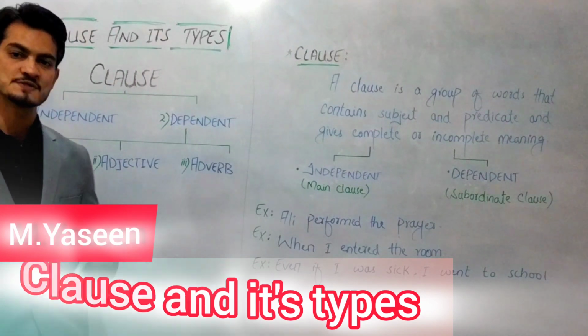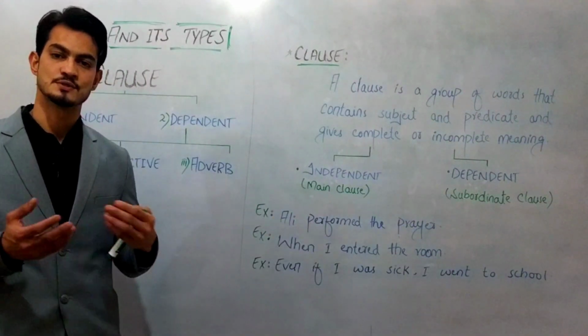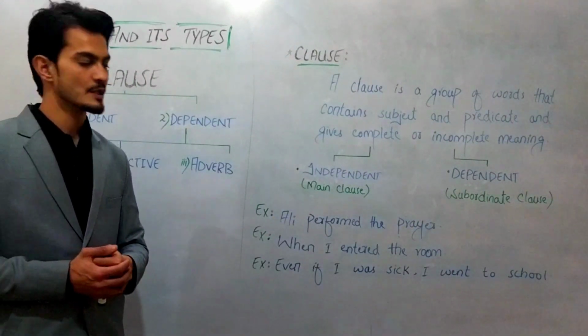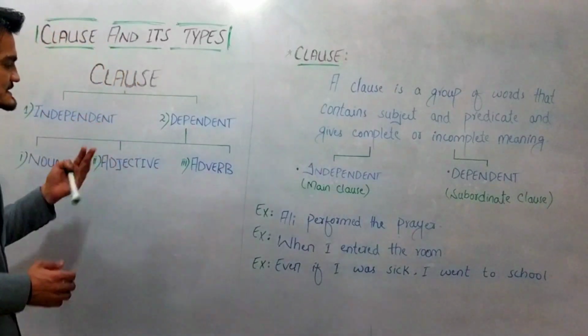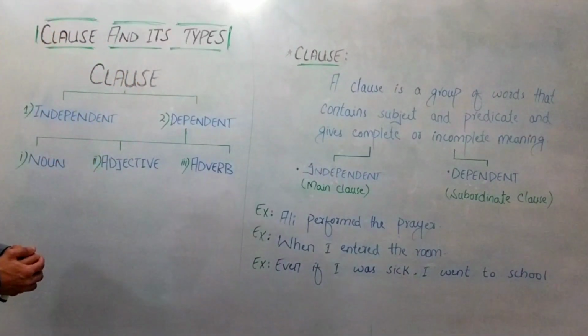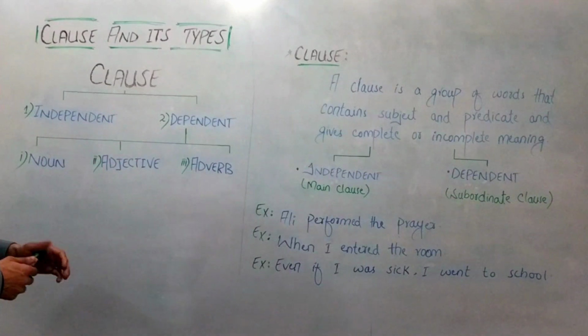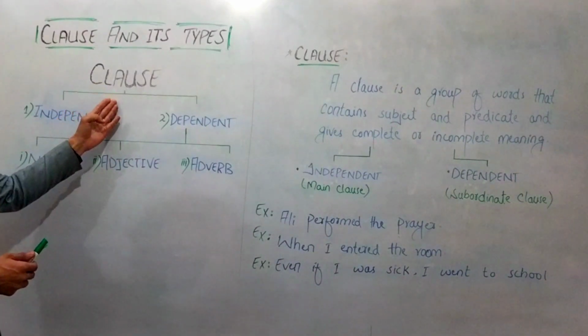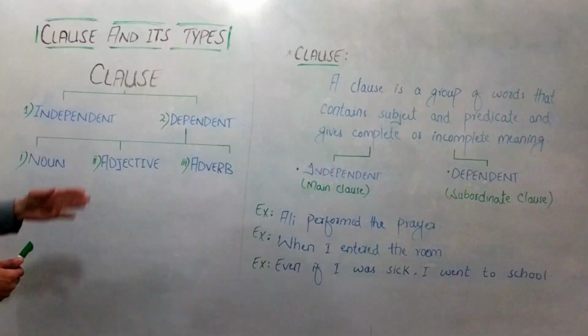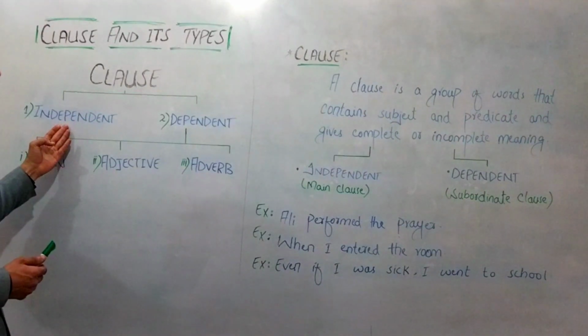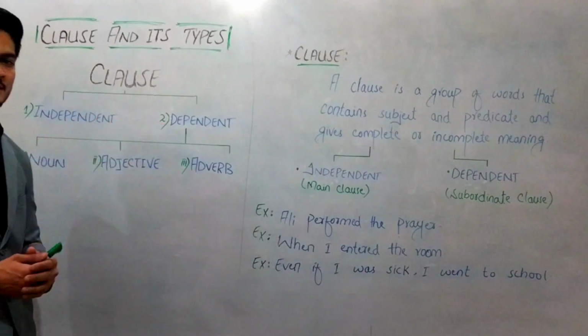Now, what is a clause and what are the types of clause? So first, let's discuss this tree of clause. After that, we will discuss the definitions as well. Clause is divided into two types. One is independent clause and one is dependent clause.